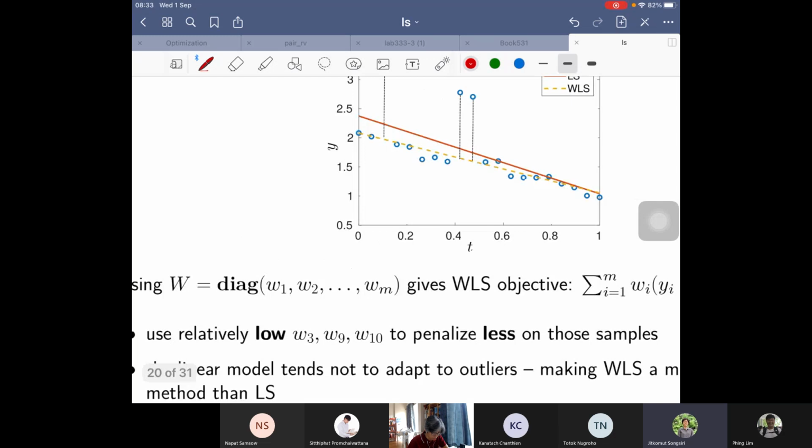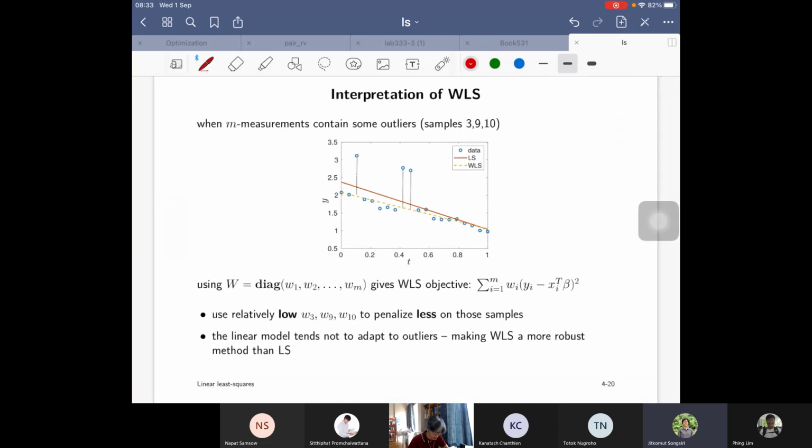Now, let's take a look at the weighted least squares. Let's say for now that W is a diagonal matrix. Suppose you have n data points, and clearly the outliers occur at sample 3, sample 9, sample 10. So when you take a look at this, you will say, I think that these samples are outliers.